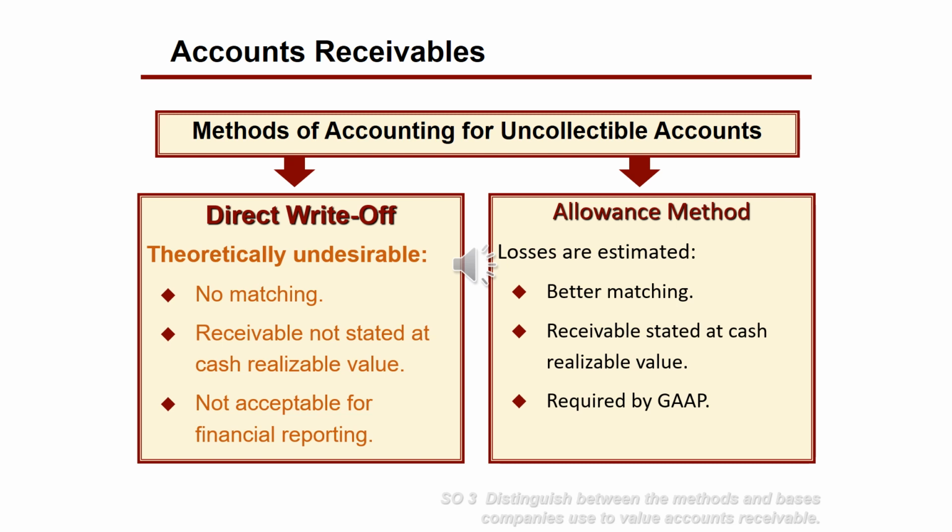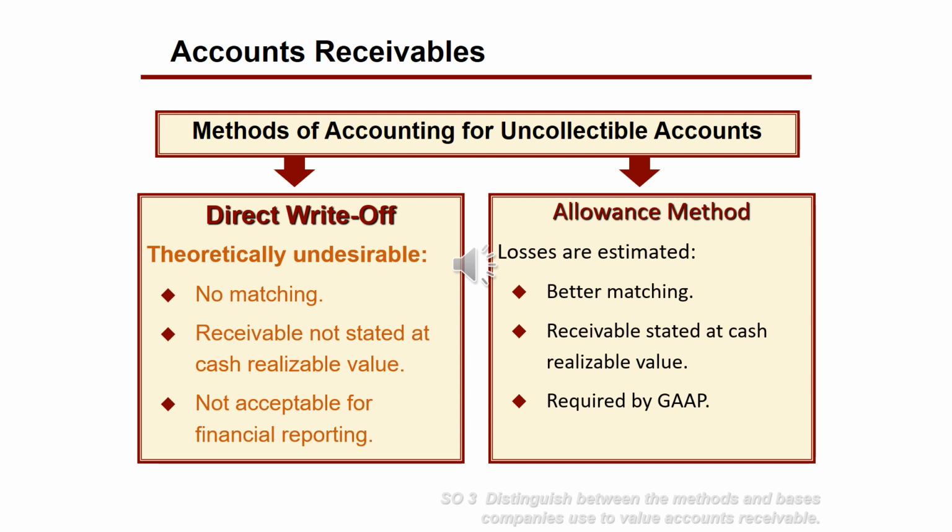But the problem with this is that it doesn't provide much of a matching between the amount of accounts receivable that you have and the amount that is uncollectible, and the receivable is not stated at cash realizable value. So for that, it's not really acceptable for financial reporting.